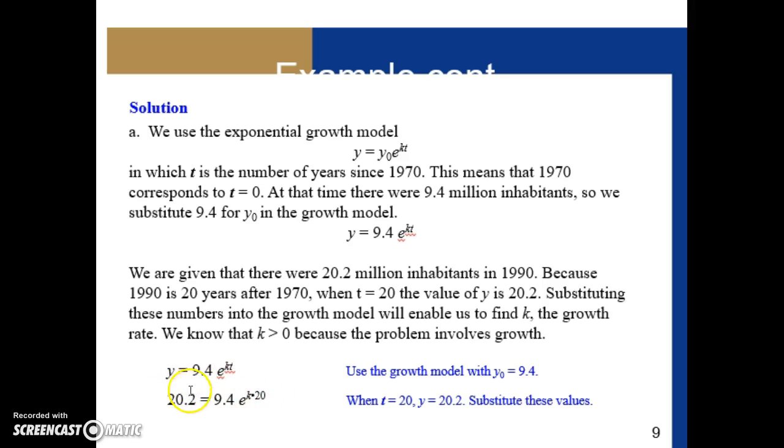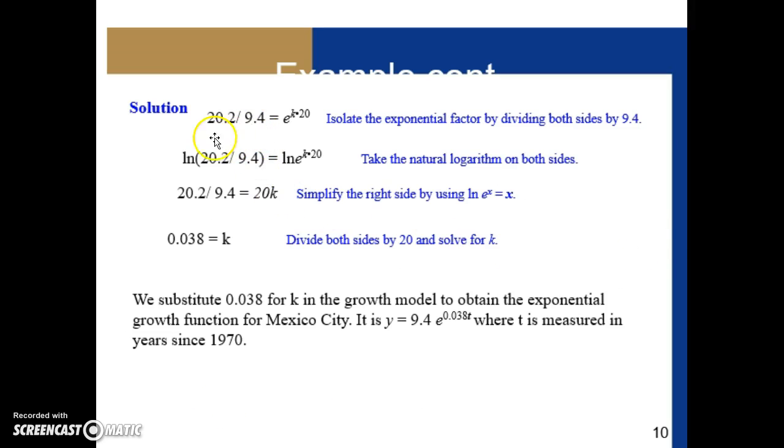They gave us a value for y, they gave us a value for y naught, they gave us a value for t, so the only variable we have left is k. So now we're going to just solve this for k. We're going to divide both sides by 9.4. And then we're going to take the natural log of both sides, and that leaves us with 20k equals, and then we can use our calculator and find the value for k.